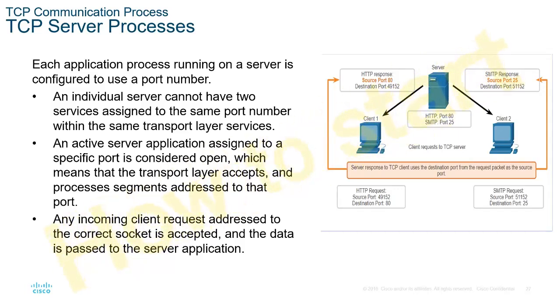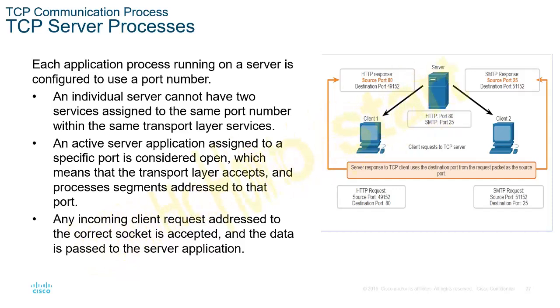If we are listening on port 25 or on port 80, we should know that port 80 is basic web traffic and port 25 is for SMTP, that's for sending email. This allows us to understand what services that server is actually serving. Any incoming client request addressed to the correct socket will be accepted, and the application server will process accordingly.